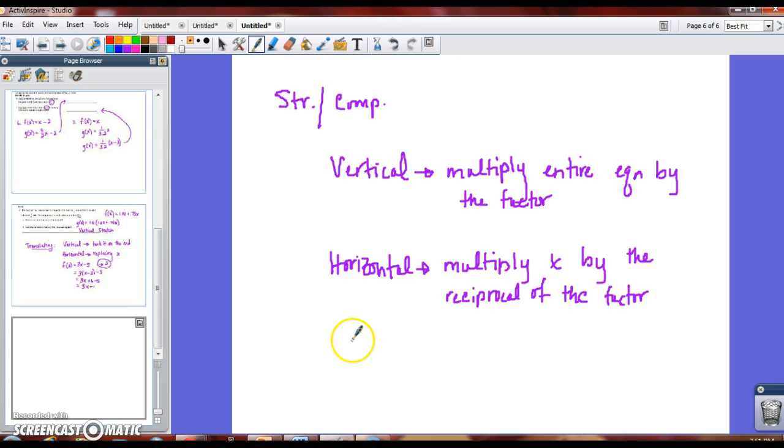So if you're compressing or if you're stretching by a factor of, I don't know, 9/7, then you would multiply by 7 over 9.